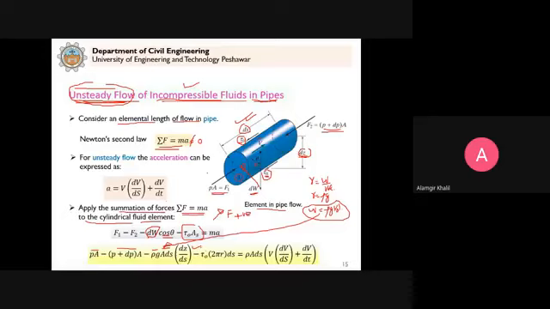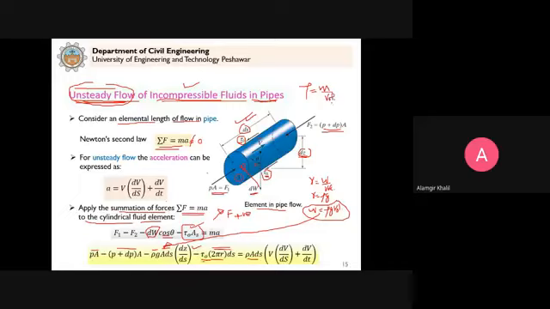Next we have tau naught into ds. So tau naught is here. And what is the area? 2 pi r, because this is acting over the circumference. So 2 pi r into ds. This is the area over which the shear stress is acting. So area multiplied by shear stress, we get the shear force. And mass. So mass is equal to rho into A ds, because we studied that density is equal to mass by volume.